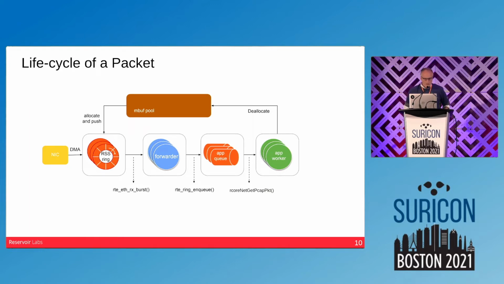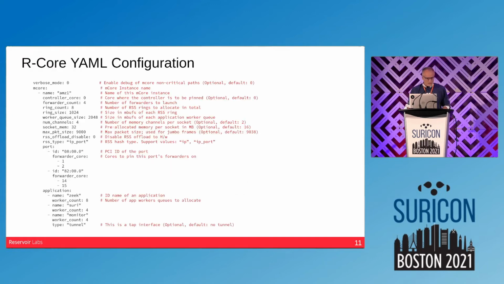So that's the life cycle. And as mentioned, when you have multiple applications and zero copy, when you deallocate, it doesn't mean that you're going to be deallocating at that time. There's a reference counter, and basically that's how you achieve zero copy there, because the mbufs are shared across the multiple applications if you're running multiple of them.